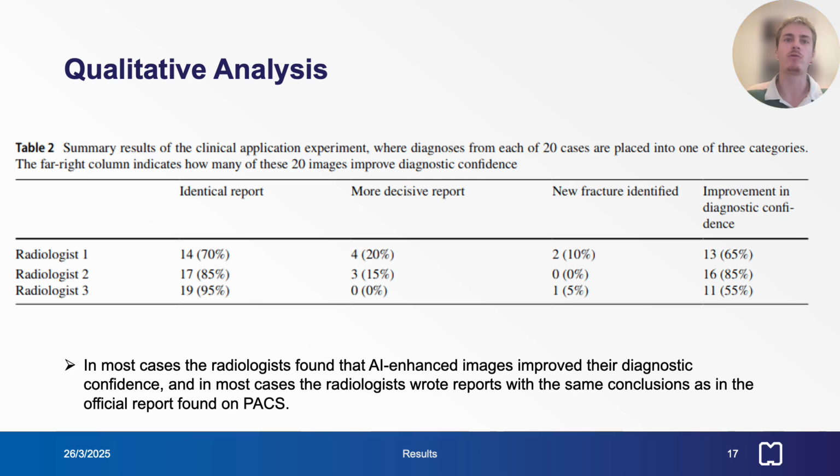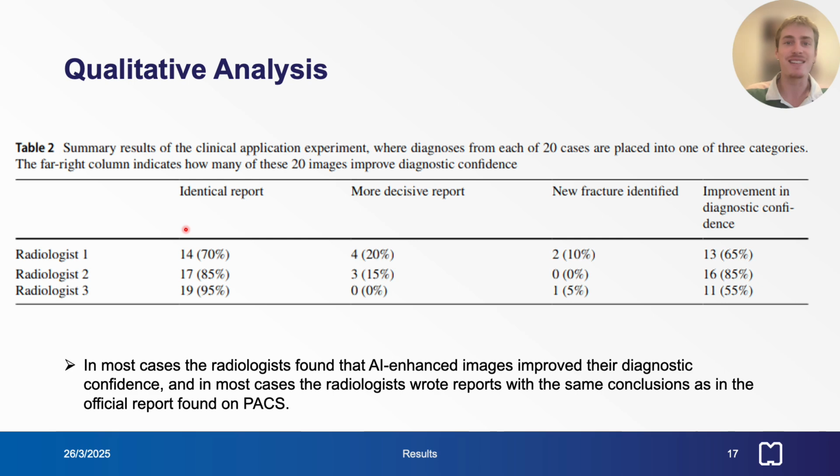In the second part of qualitative testing of model performance, we gave the 3 radiologists 20 cases each, where follow-up imaging was recommended due to cast artifacts, and we asked the radiologist to write diagnostic reports. For each case, the AI-enhanced images were also provided to assist with diagnostic reporting. Now, in most cases, the radiologists found that AI-enhanced images improved their diagnostic confidence.